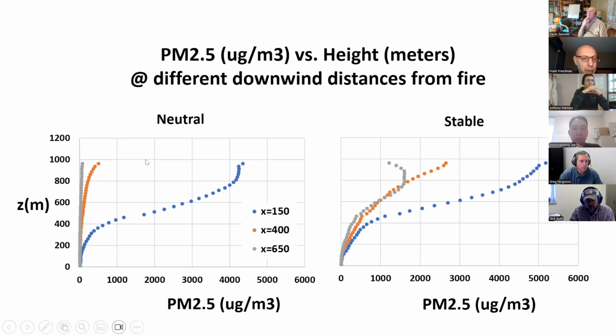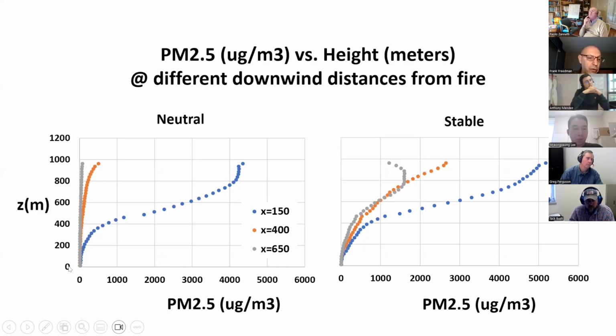In any case, the neutral case is on the left, the stable case is on the right, and these different dots are for different distances downwind of the fire. X equals 150 meters for blue, X equals 400 meters downwind of the fire source for orange, and for gray, 650.